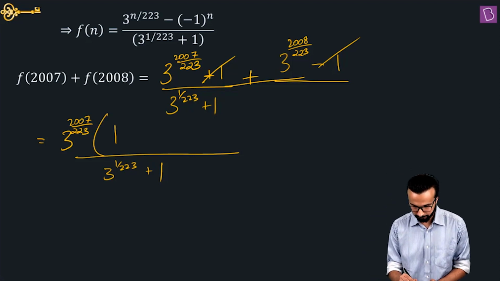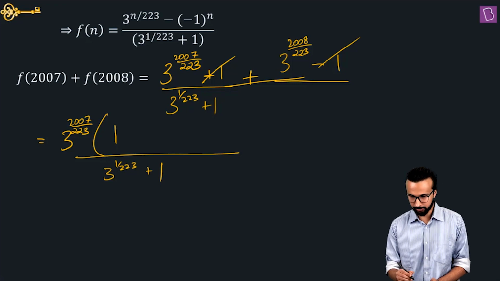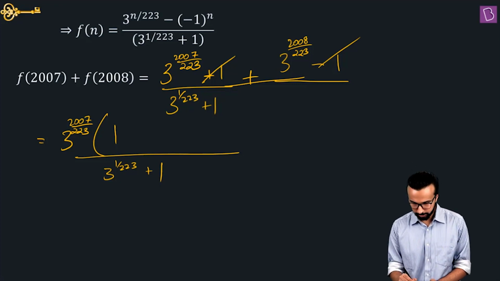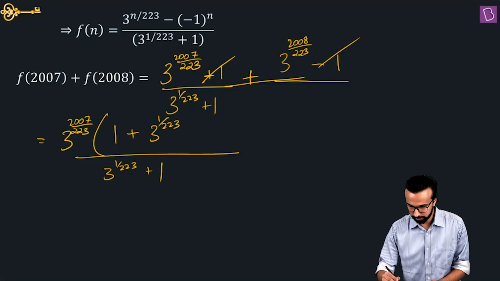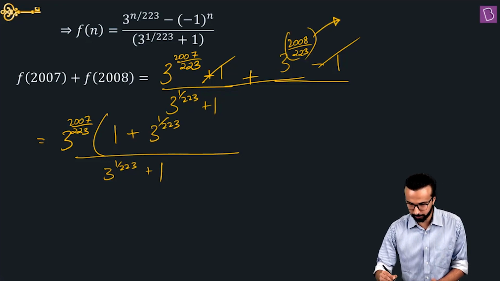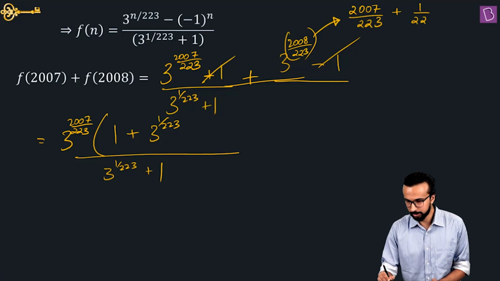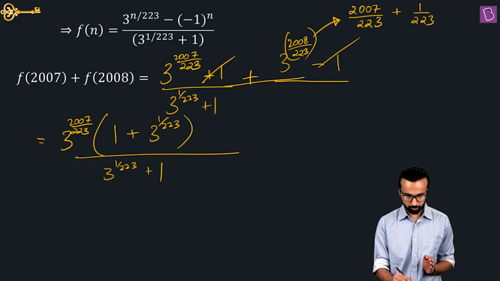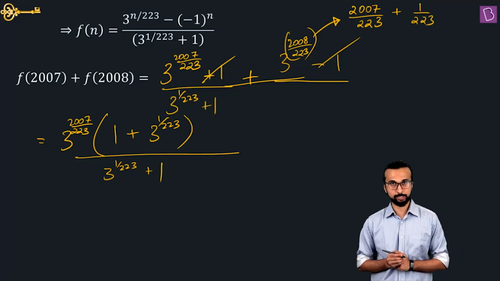Now the first term becomes 1. The other term 3 power 2008 divided by 223 can be written as 3 power 1 by 223. Look, this 2008 divided by 223, I wrote that as 2007 divided by 223 plus 1 by 223. That's all I did. That's how I took 3 power 2007 by 223 common.